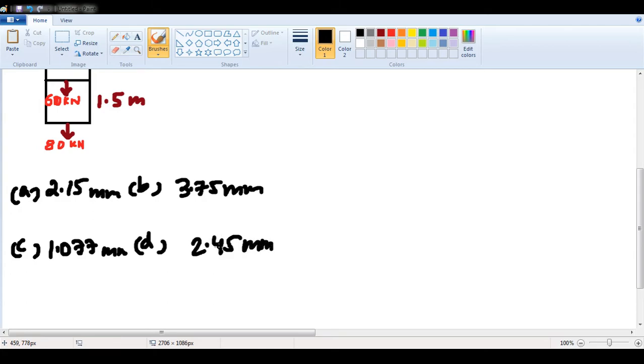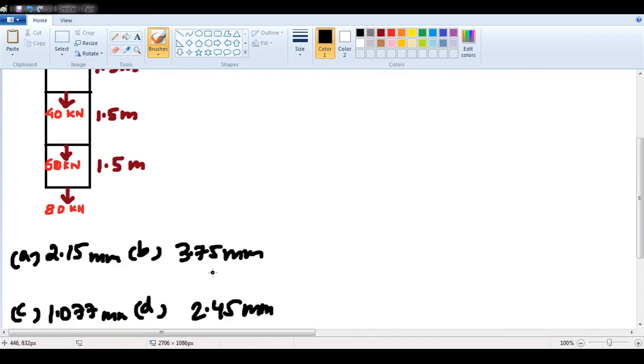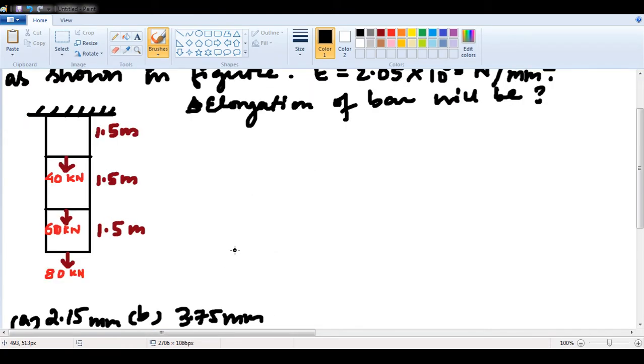Okay, so how we do this is, first we need to do the free body diagram. So when I go for the solution, we have to first bring the free body diagram. So this is one.